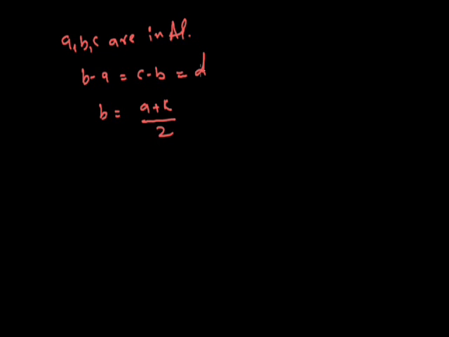Now simplify this determinant again by using the properties. In the third row, apply the operation R3 changes to R3 minus R2, and in the second row R2 changes to R2 minus R1.